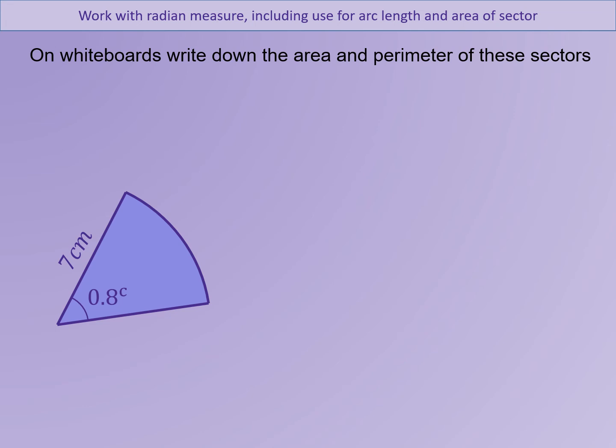So first here we can see this length here will also be 7 centimetres, and here we have 0.8 multiplied by 7. This is just r theta, which is 5.6. We can calculate the perimeter therefore as being 7 plus 7 plus 5.6.